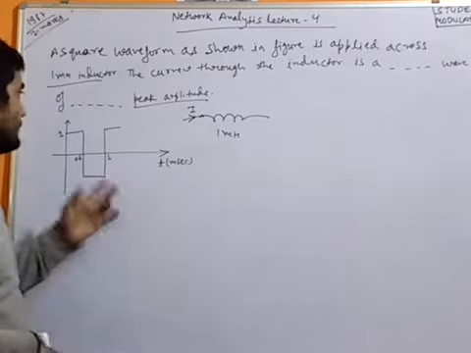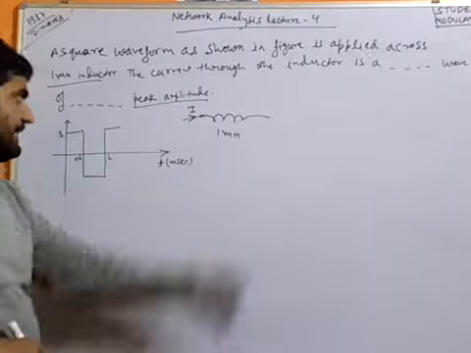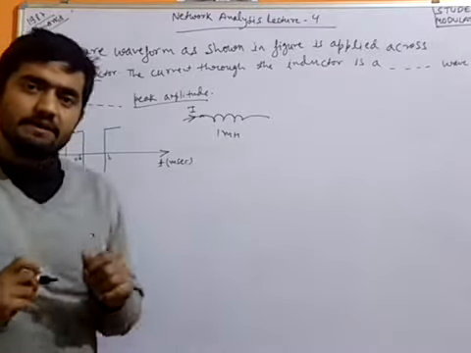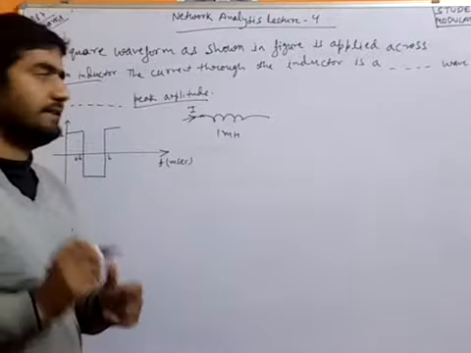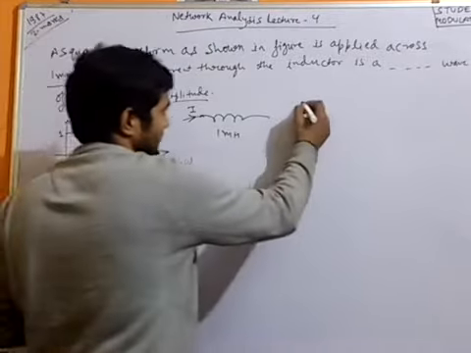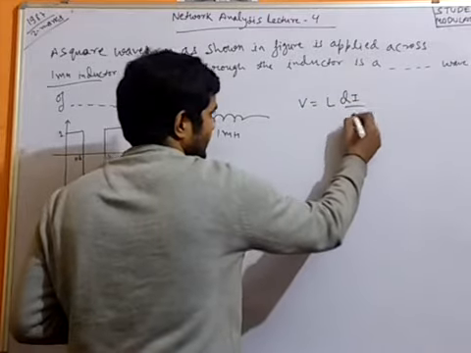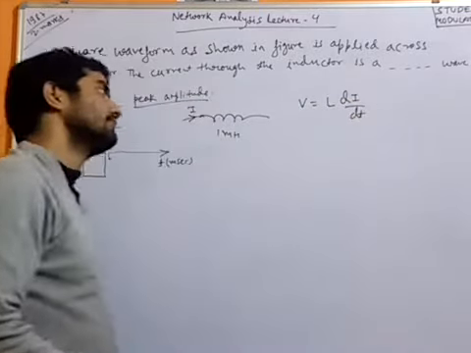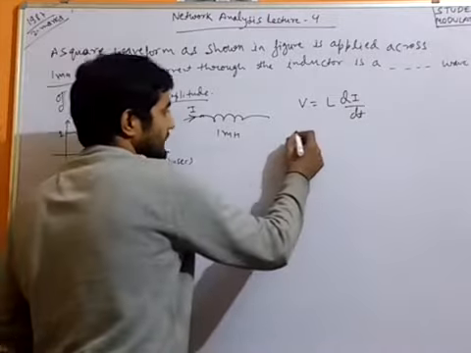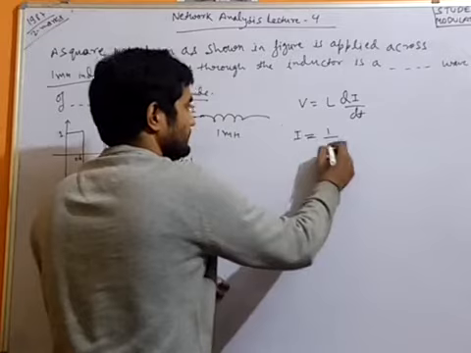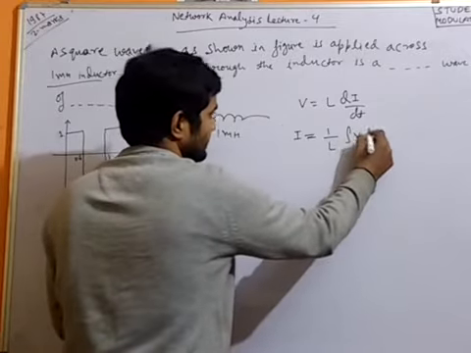So we have a 1 millihenry inductor. The relation between voltage and current that we studied in the last class was V equals L di upon dt. So if we have to find the current, we have the formula: i equals 1 upon L integration of V dt.